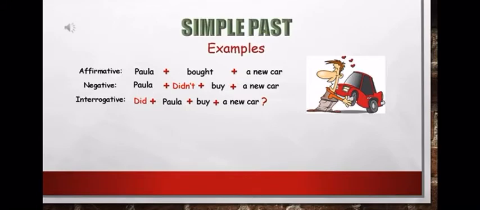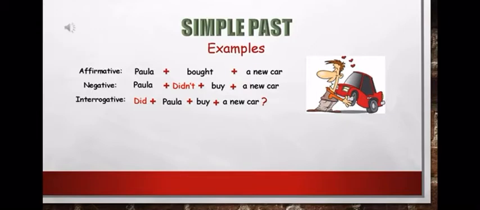Here we have some examples. In the affirmative sentence, Paula is the subject, bought is the verb in past, and a new car is the complement. In the negative sentence, Paula is the subject, didn't is the auxiliary, buy is the verb in present, and a new car is the complement.